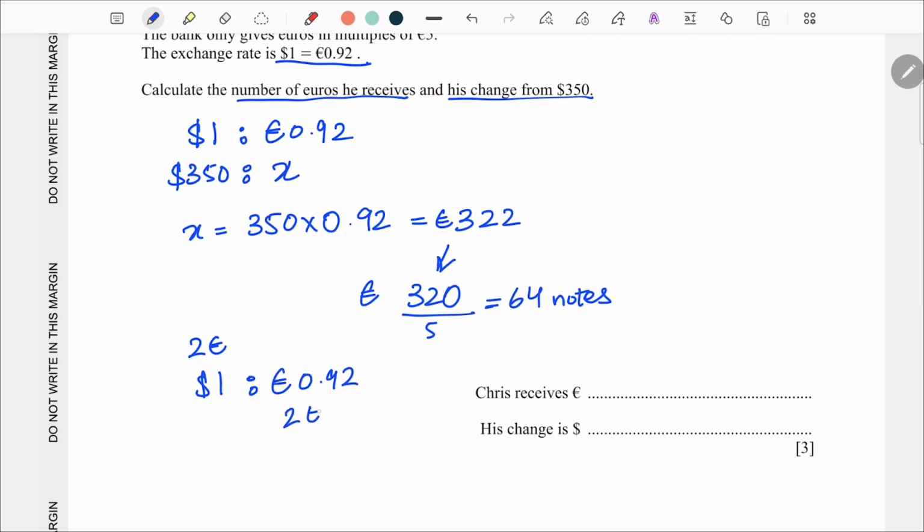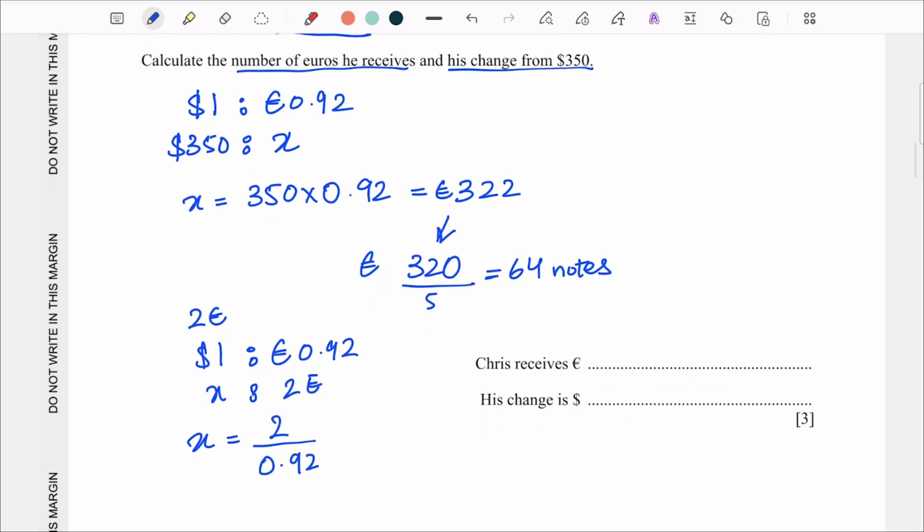So 2 euros will be equal to x. X is equal to 2 divided by 0.92, and this is equal to 2.17. So his change in dollars is equal to 2.17. So Chris receives 322 euros and his change in dollars is 2.17.